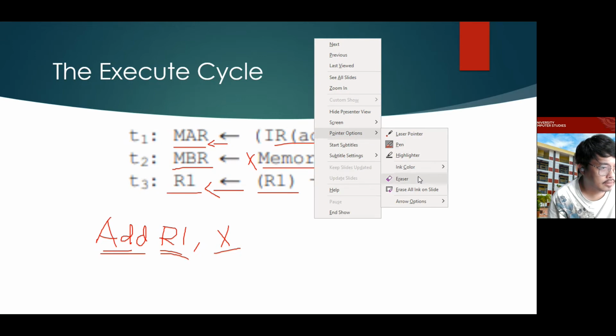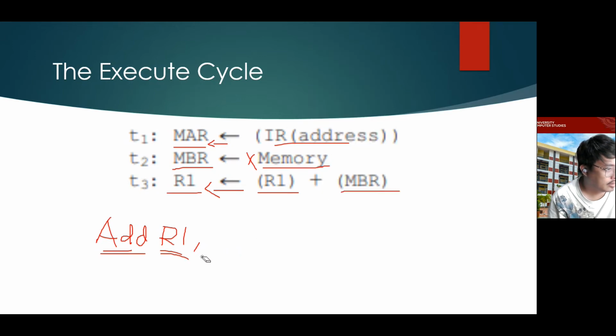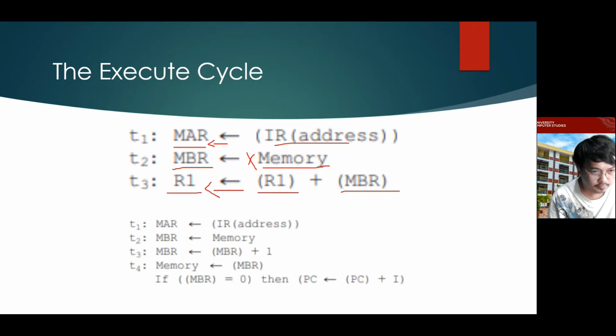Another, I will erase this. Another example, another micro operation that requires a micro operation to the register from the IR, from the IR to the ALU.